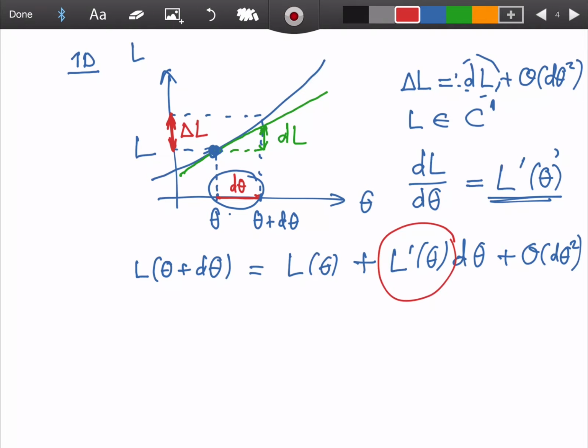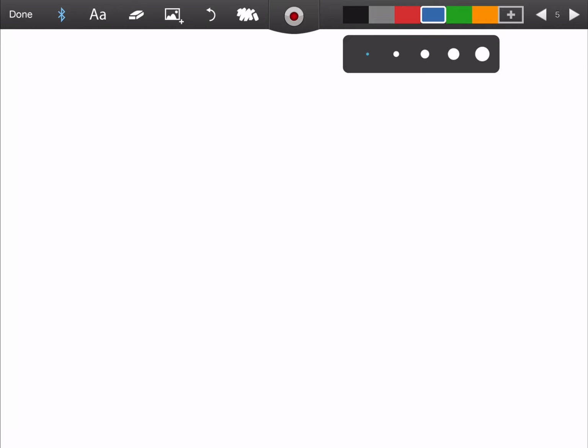I hope this is obvious. So if you find this obvious, let's upgrade ourselves to the n-dimensional case.